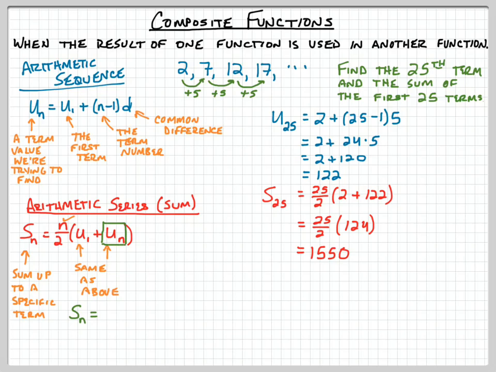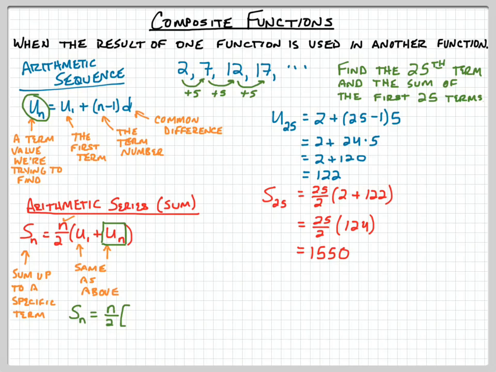So we know that we're looking for u of n, the one that keeps on changing on us: the 30th term, the 35th, the 40th term. Up here we already have our u of n worked out for us. That's u of 1 plus n minus 1 times d.